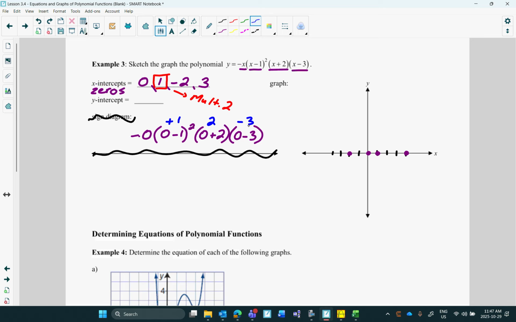This is -3, and -0 is just 0. So what's 0 times 1 times 2 times -3? 0. So the y-intercept is 0. So that means not only is this the x-intercept, it's the y-intercept. So I didn't find an extra point.